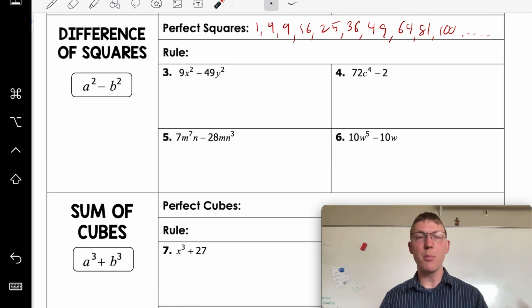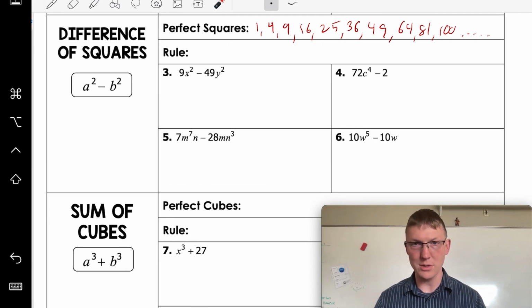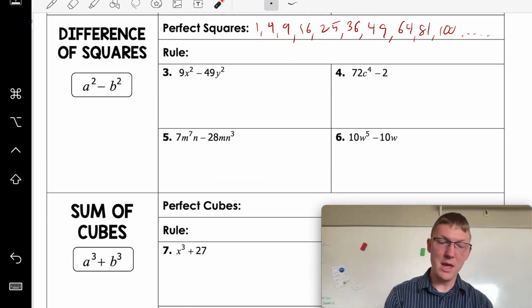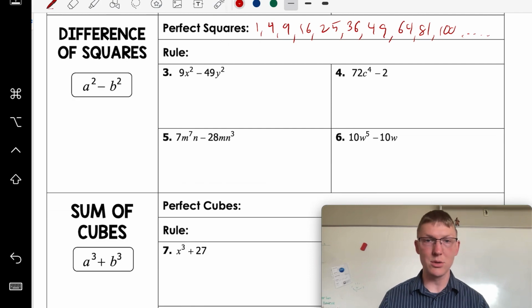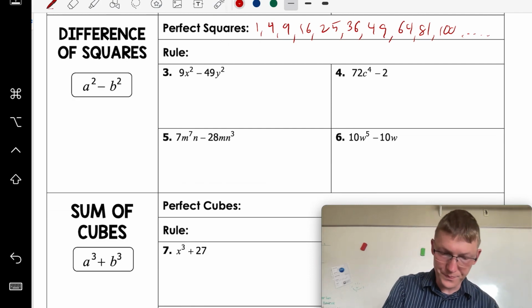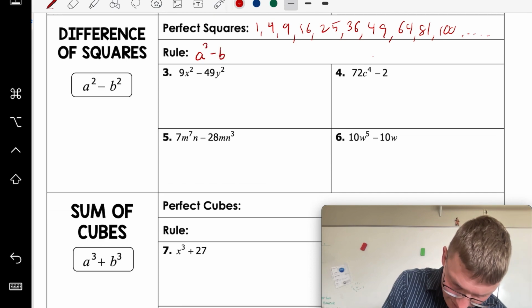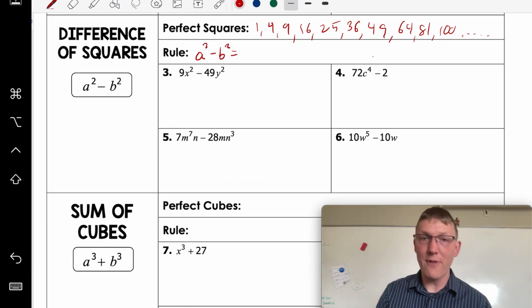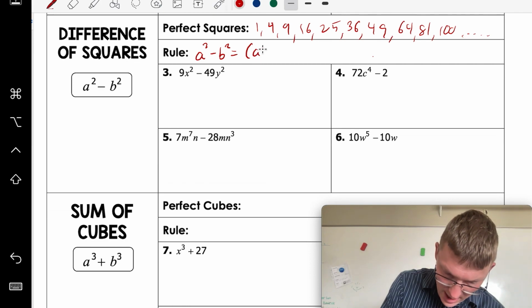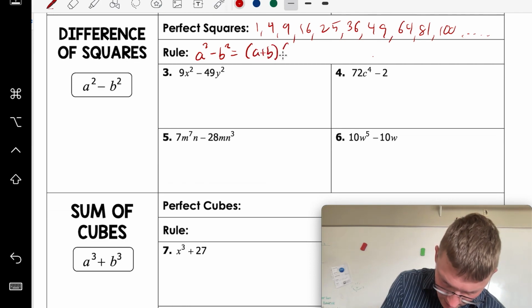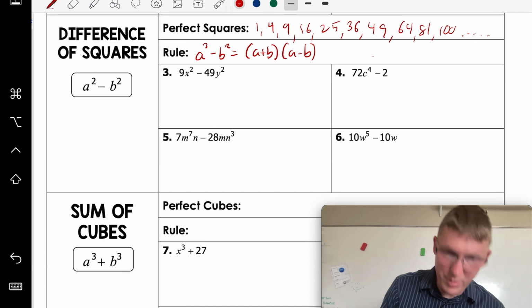The important part is to recognize that you have a difference of squares. Once you recognize it, then it becomes a lot simpler because you're just following a pattern or rule. The rule is if you have a squared minus b squared, you can factor that into a plus b, a minus b.